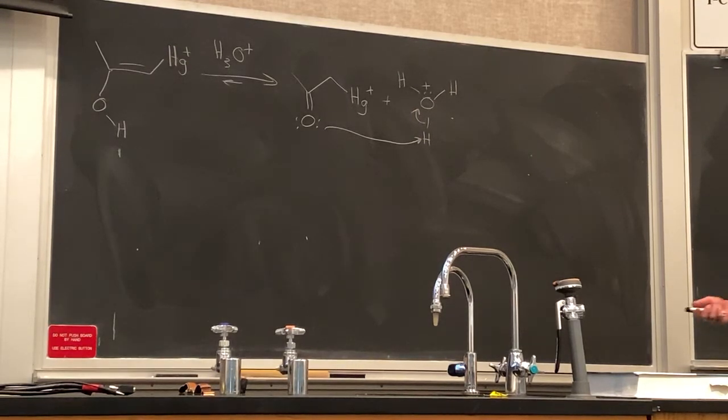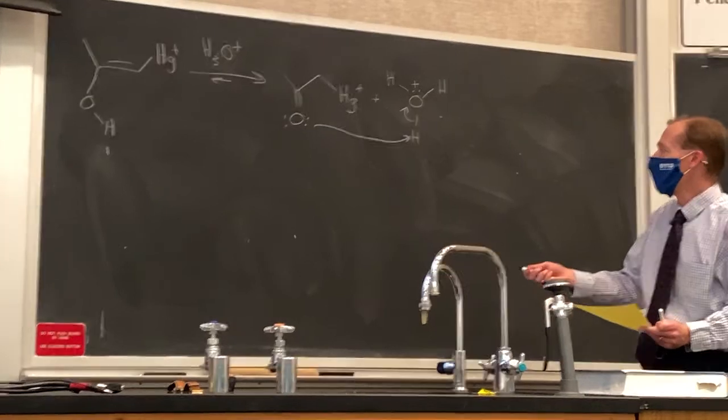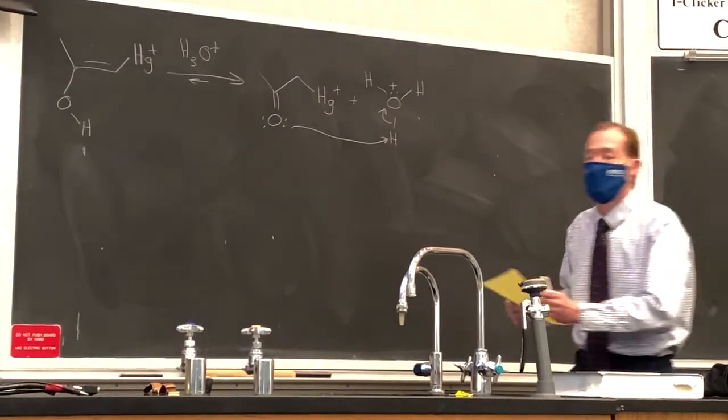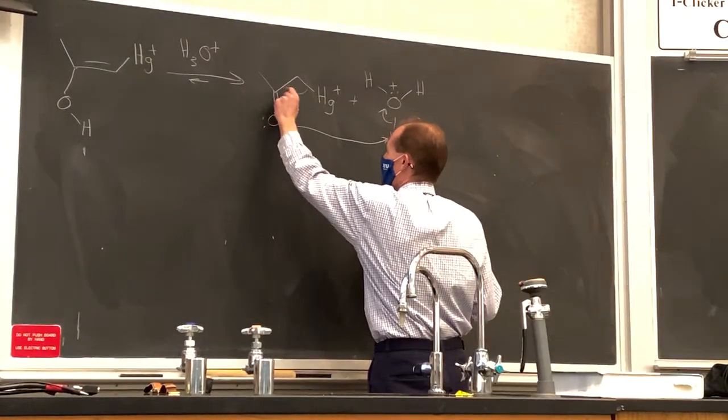But in this case, as we protonate that oxygen, we would be generating a cationic intermediate, but we already have a cation in our molecule, and that cation is simply eliminated.